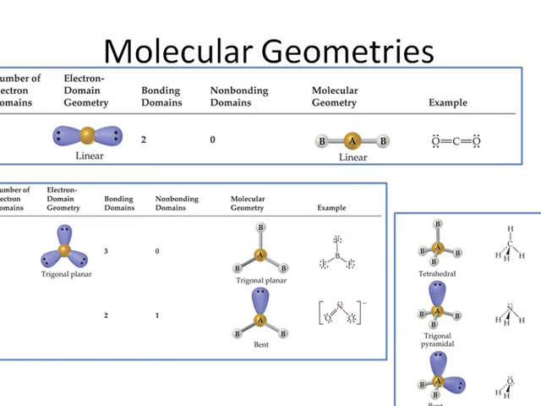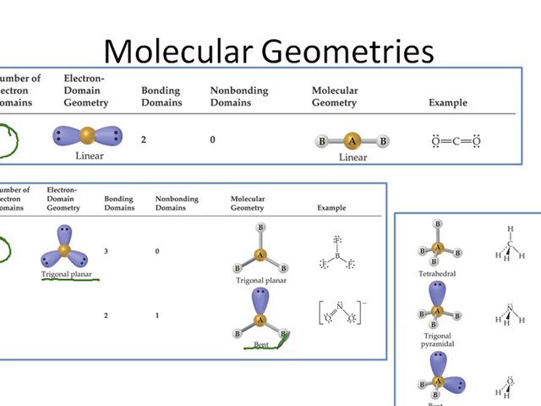All right, so here's some more examples of molecular geometries. Woohoo! We have the ones that have 2 electron domains. They're going to be linear. That's pretty much all there is to it. There's not much other place you can go, whether they're bonded or non-bonded. It's still in the shape of a line. If you have 3, it's trigonal planar overall, but it can be trigonal planar or it could be bent.